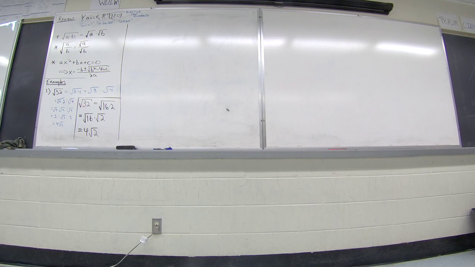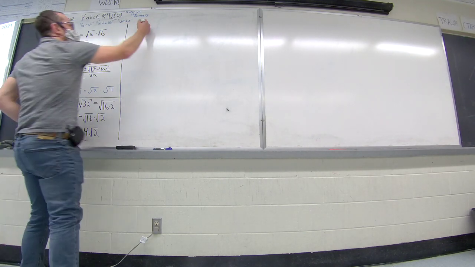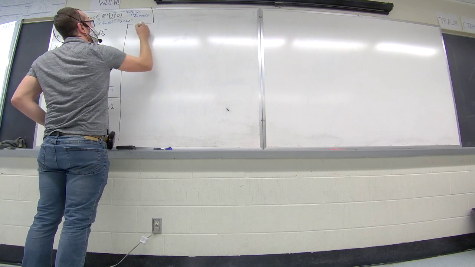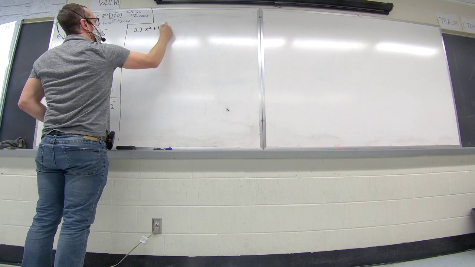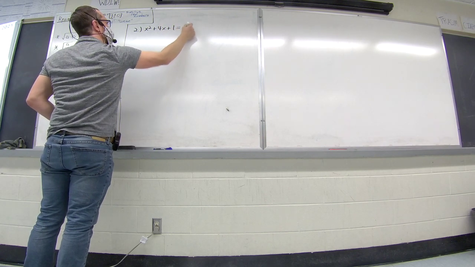We still have 12 minutes left, so I'm not done. I just don't want you to be disappointed when we don't get to the complex numbers. x squared plus 4x plus 1 equals 0. So now I don't have to worry about board space also. x squared plus 4x plus 1 equals 0.